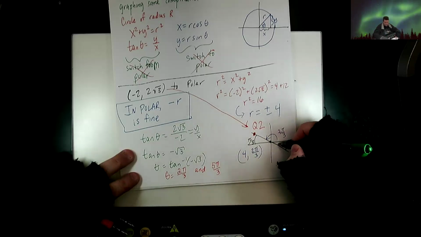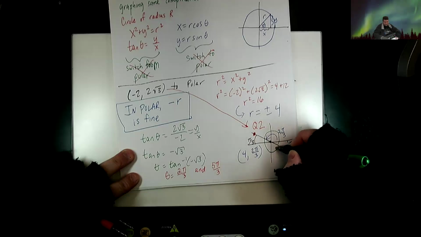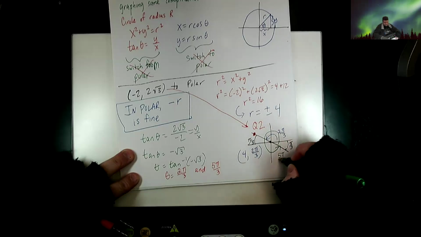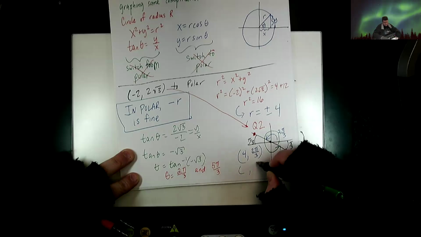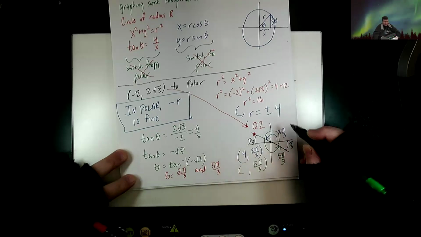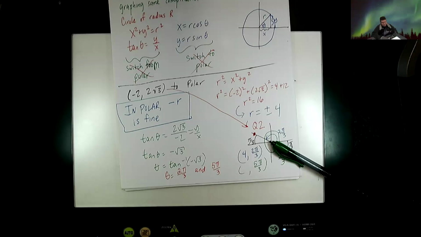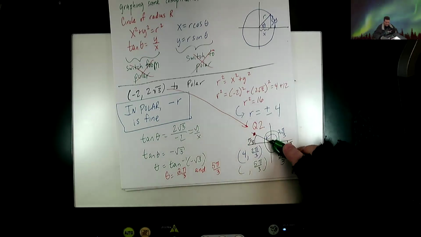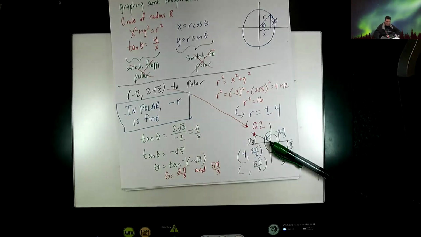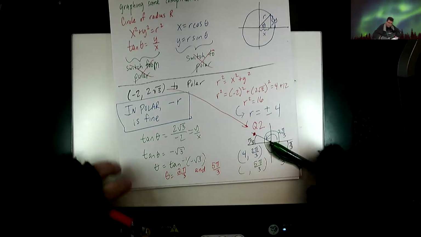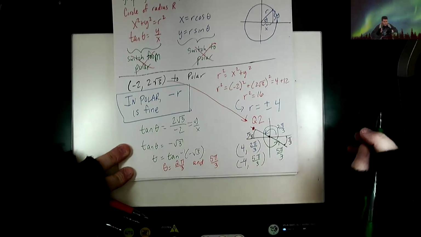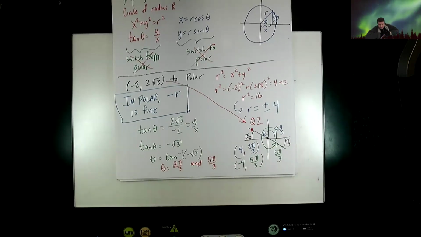Or I can rotate all the way around to 5 pi over 3. And this is where the negative r comes in. 5 pi over 3 is in that direction. Negative r means we're going the opposite direction, that distance. So if we want to end up over here, we have to have a negative radius. This is where the -4 comes in. Those are the two ways to write that coordinate there.